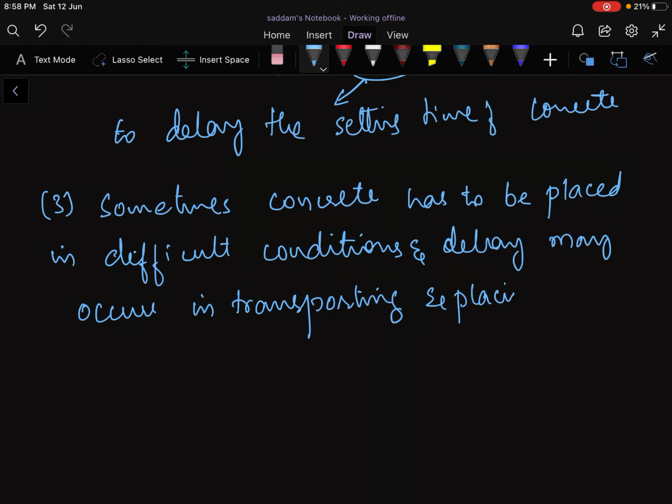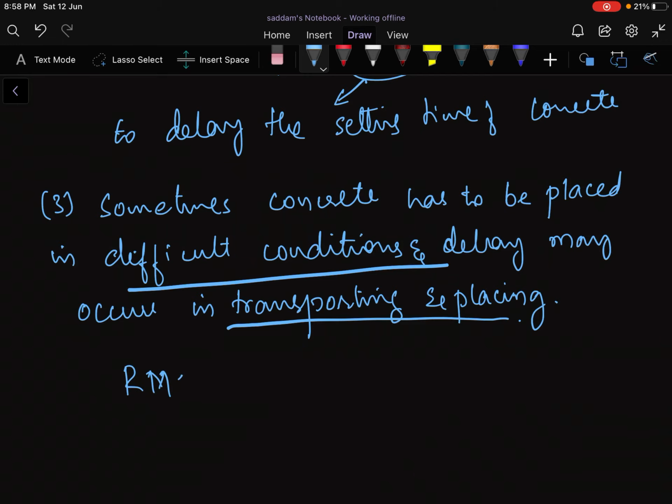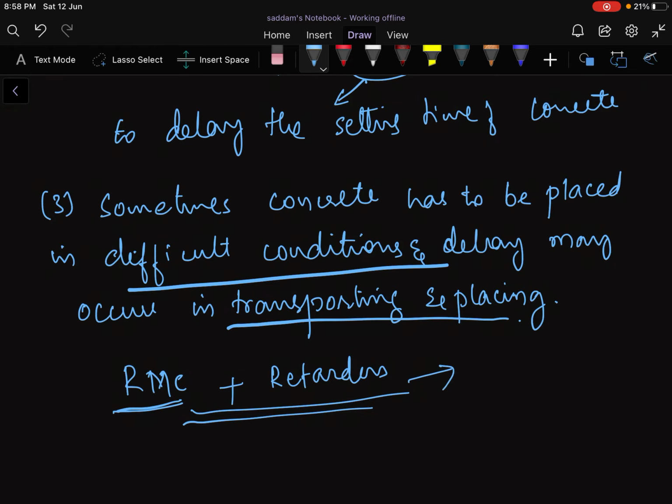Okay, so in that situation, when we have to use the concrete in a difficult condition or in any remote place, delay may occur while transporting. So while preparing the ready mixed concrete, we add the retarders, so the setting time of concrete is increased and we can transfer concrete to this difficult condition without setting of concrete.